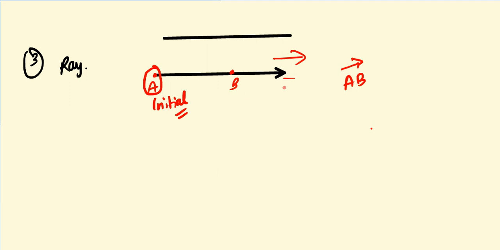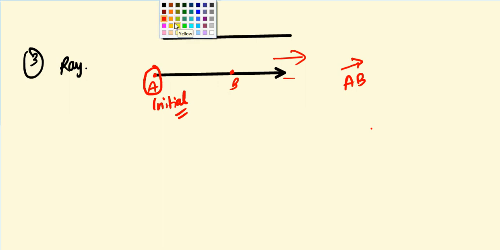So you can extend this ray in this direction indefinitely without any problem, because you don't know about the actual length, so you can produce this further. An unlimited number of rays can be drawn with the same initial point.